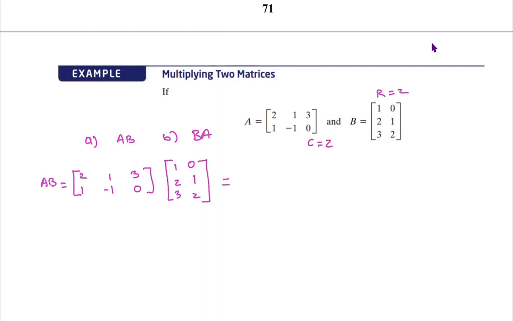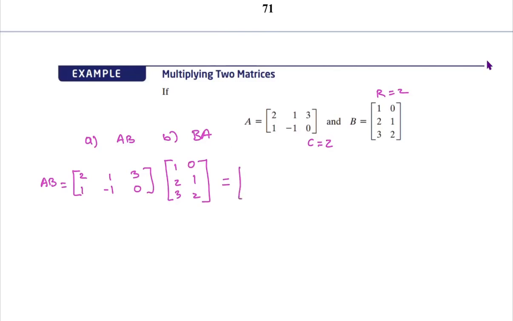Now let's perform the product. We're going to consider the first row. And then we know that the resulting product will have the number of rows of the first matrix, which is 2, and the number of columns of the second matrix, which is 2.